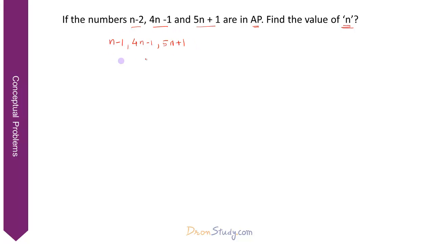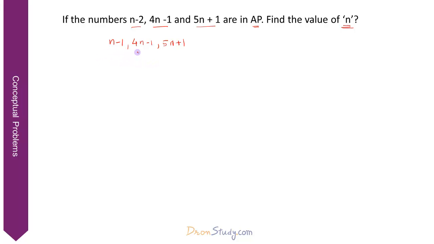When it is said that the numbers are in AP, it means the common difference in each successive number is the same. So second term minus first term and third term minus second term, the difference should be the same.